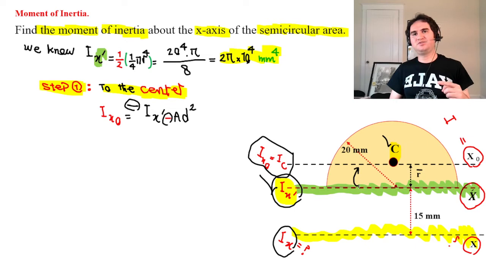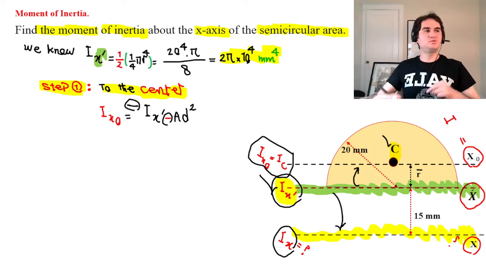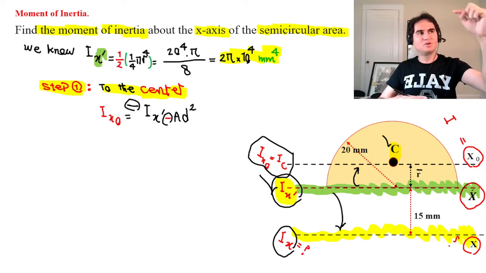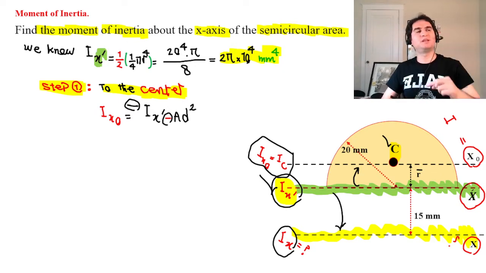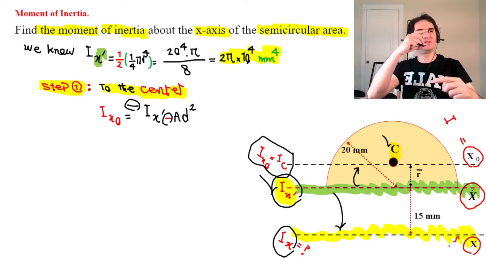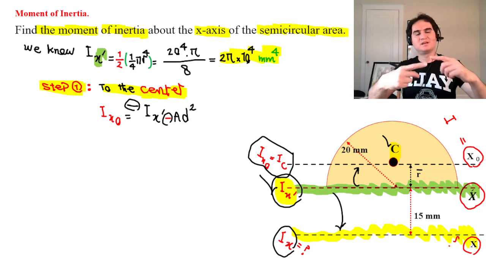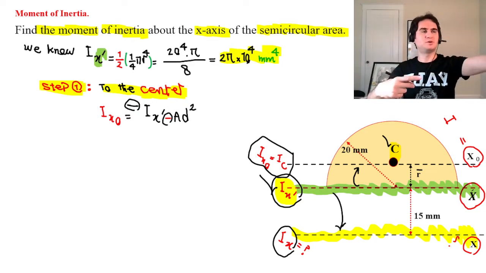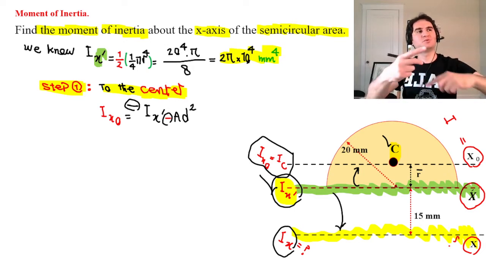So first of all, I need to know what Ix is. I cannot directly go from Ix prime to Ix. I'm not allowed to. You remember, based on the parallel axis theorem, I need to either go home from any other axis, or move from home to any other axis. So if I want to travel between two other axes, first I need to go to the center from one of them, then go to the other axis.